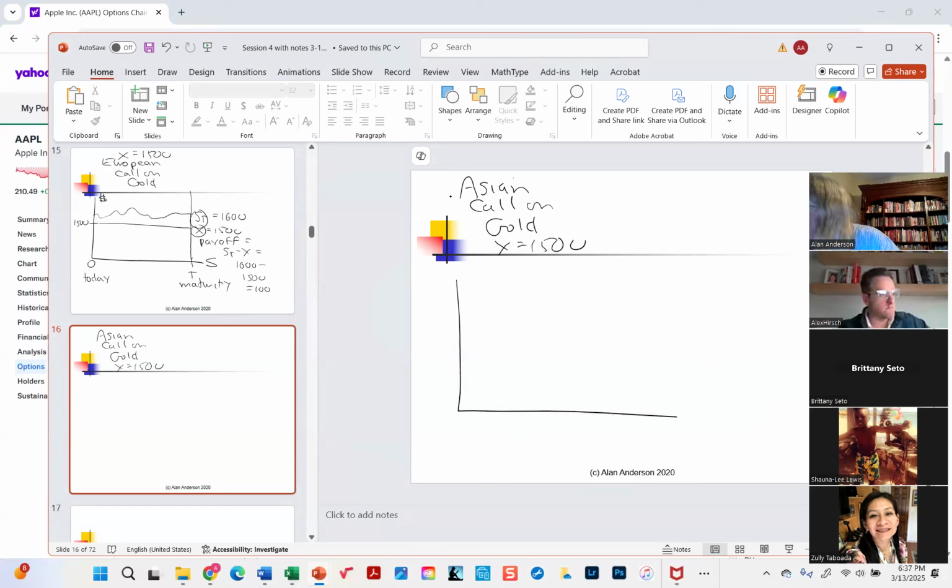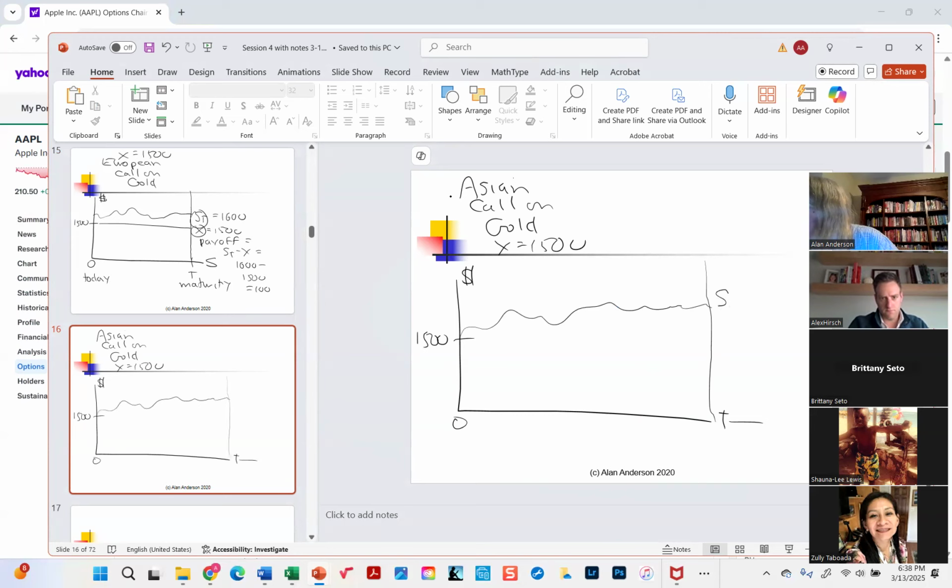And so what will happen with an Asian option like this, or at least this is one of the ways we can structure an Asian option, is that we choose certain dates in advance.